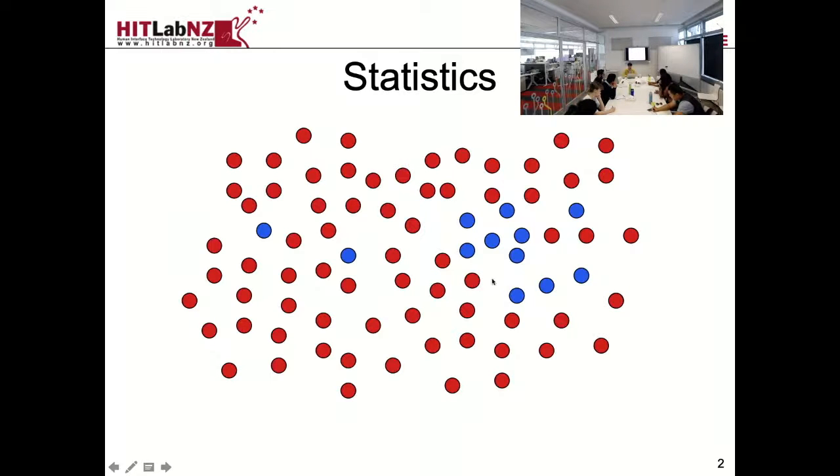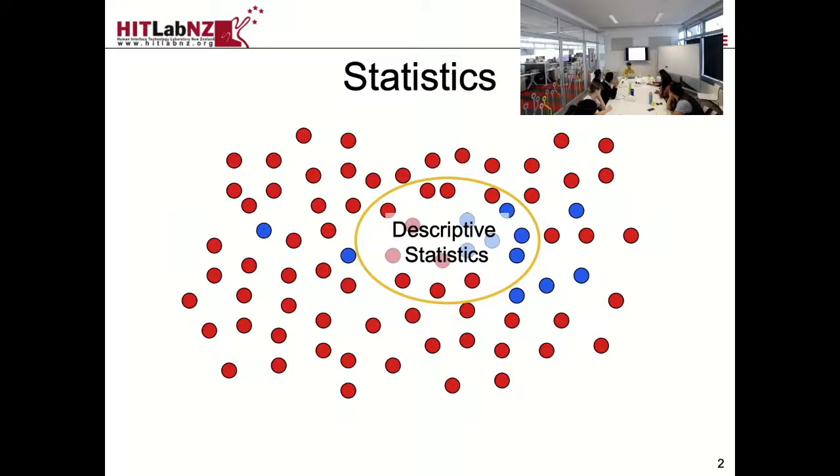So we select some samples from the population, whether you use random selection, stratified selection, or cluster selection, and then from the data we want to see the characteristics of the data.